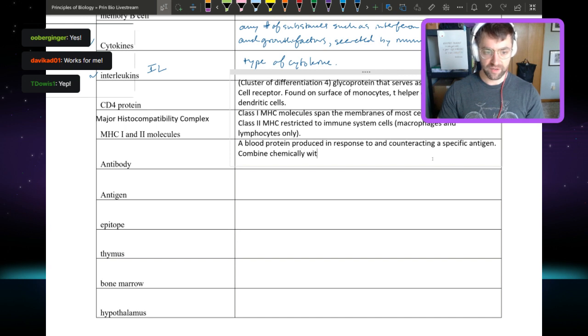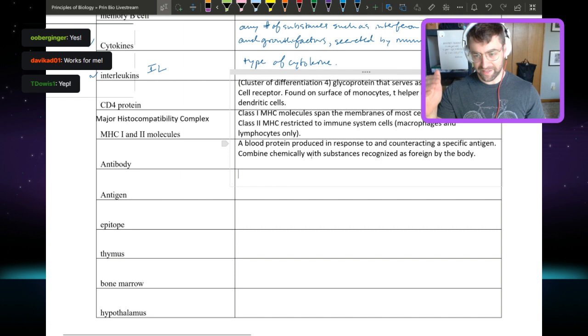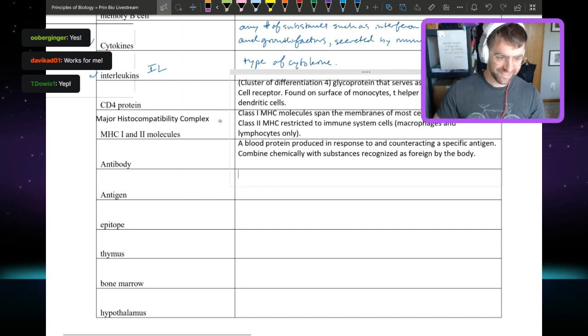Combine chemically with substances recognized as foreign by the body. Antibody, antigen.